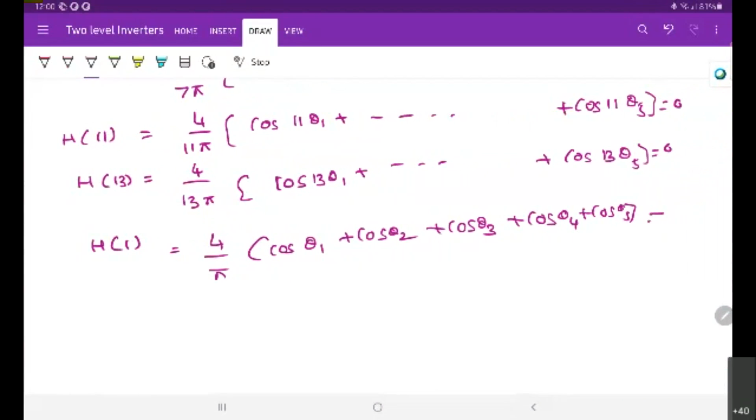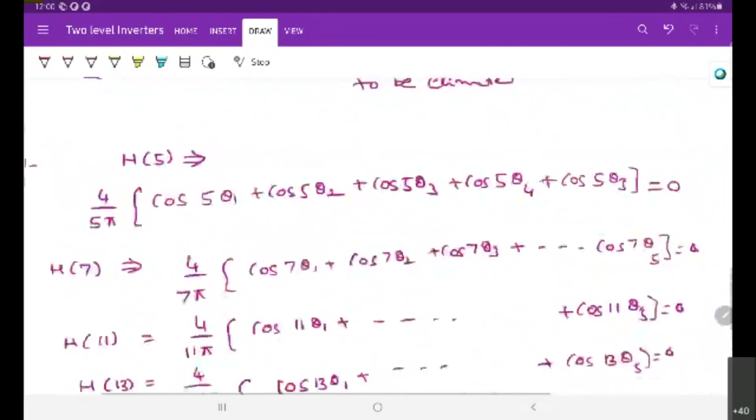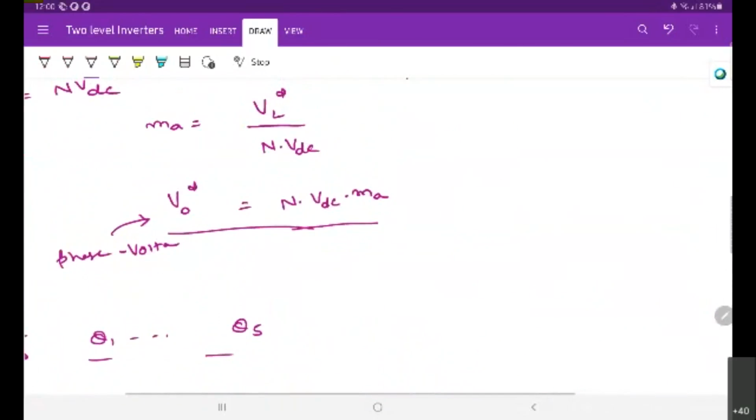So what is the value of this? It is MA. This is the output voltage of the entire thing that we derived.